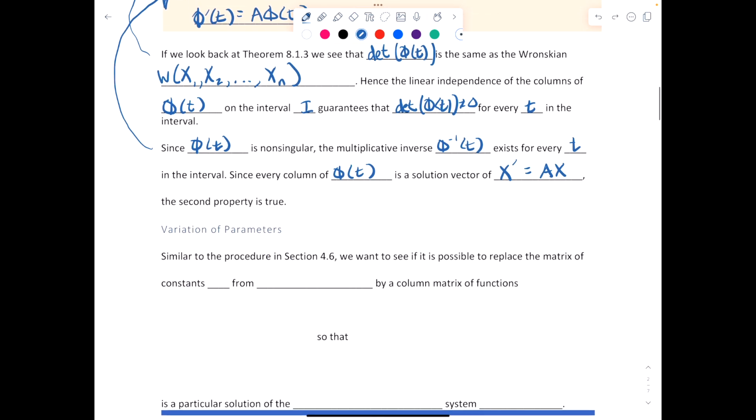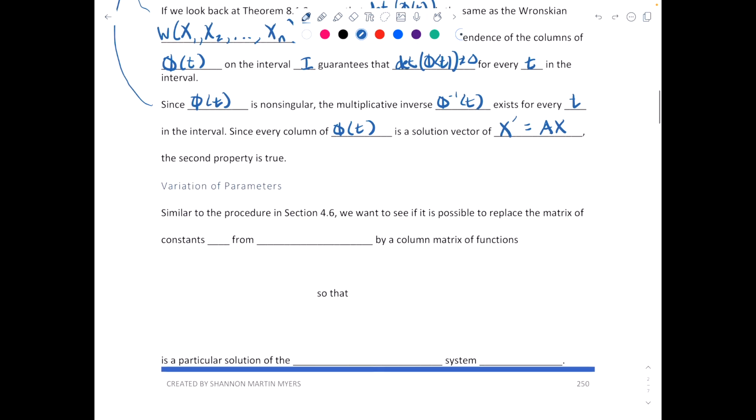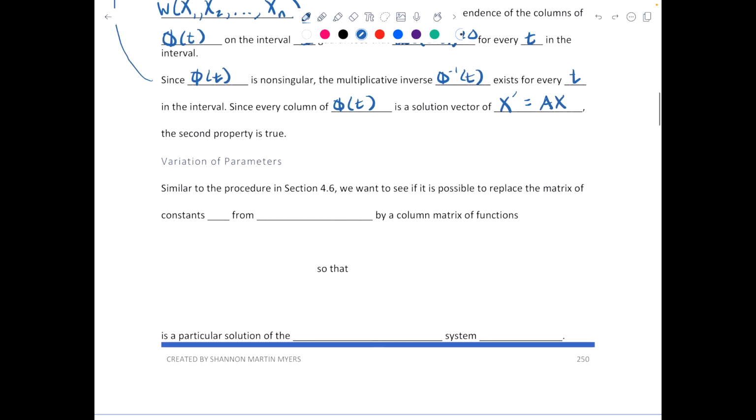All right, now let's get into variation of parameters. So just a little bit of why does it work kind of thing, and then we will get to a couple of example problems, and then we'll be done.